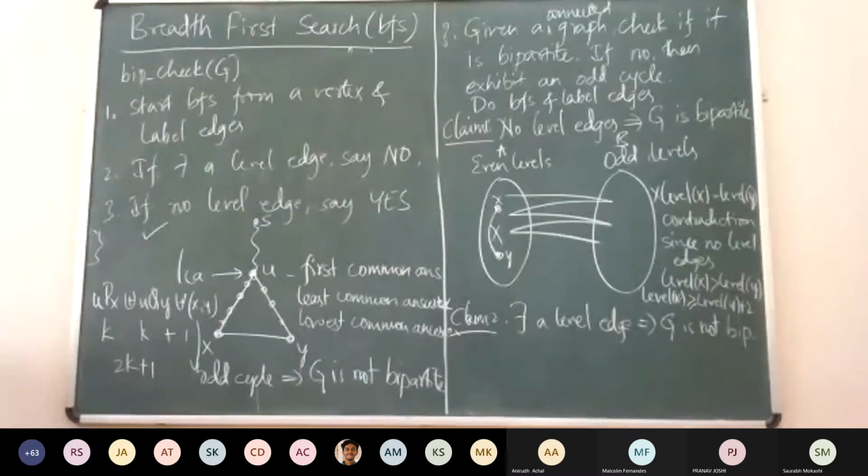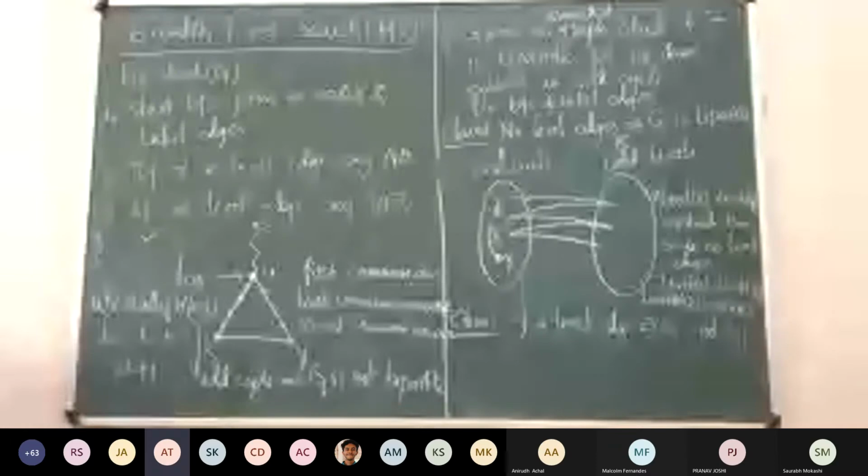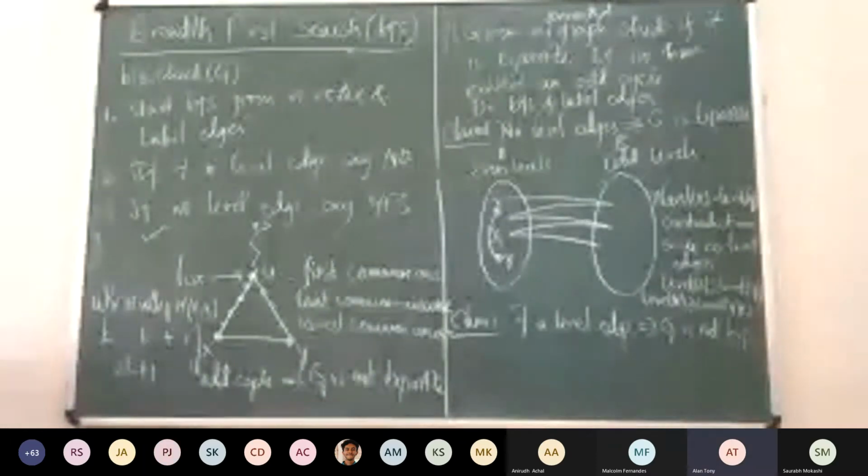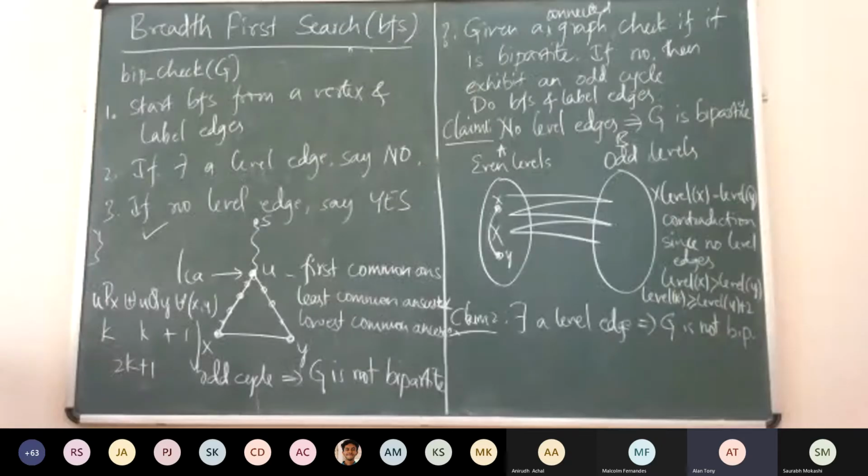Okay, good. Now, what about the time complexity? I have a doubt. Yeah, please go ahead. Other than the tree edges and level edges, there are other edges, the edges between different levels. Suppose there are edges between even levels.